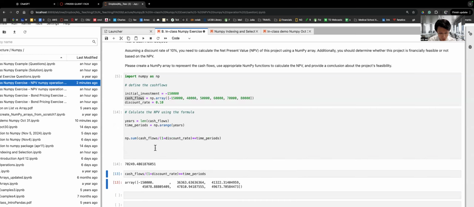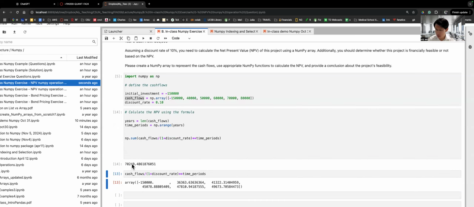So this number captures the present value of all the future cash flows of the project, the present value of 40,000, 50K, 60K, 70K, 80K.